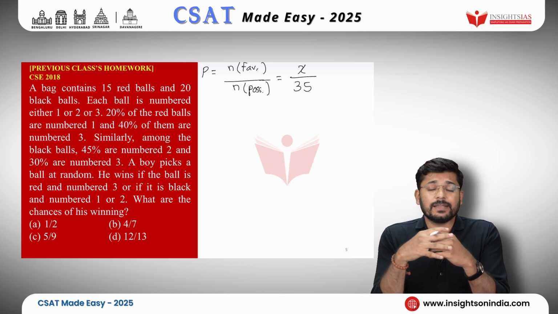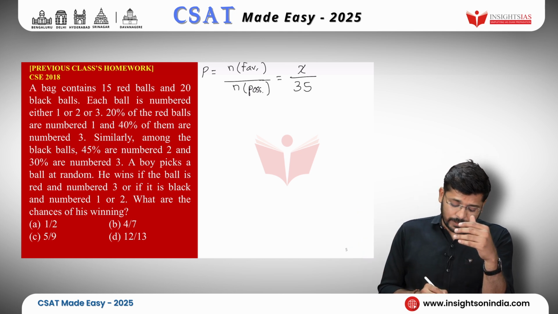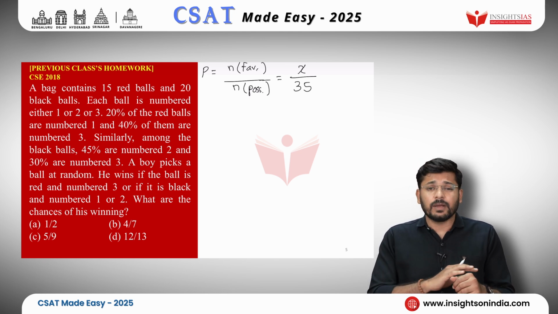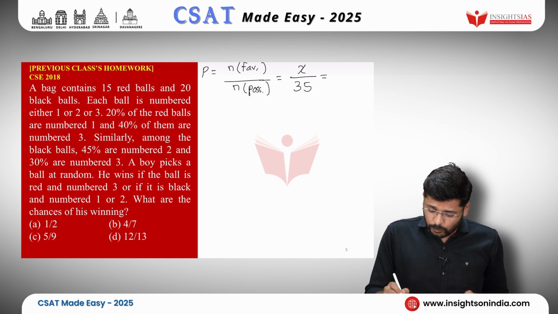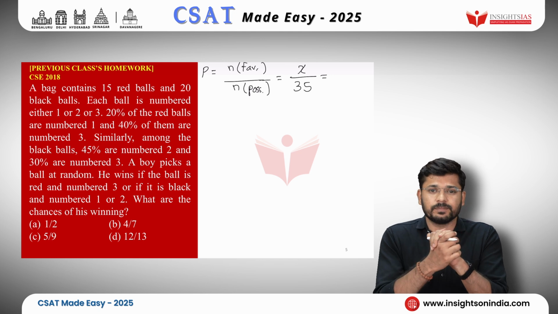So the answer would be in the format x by 35, and after simplifying it, you should get either 1 by 2 or 4 by 7 or 5 by 9 or 12 by 13. After simplifying it, what can be the possible values of the denominator?